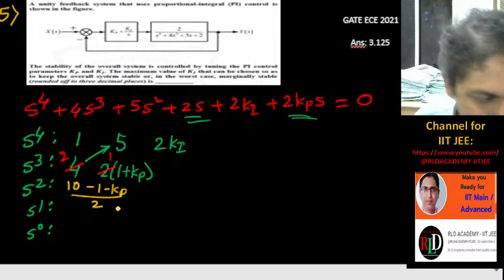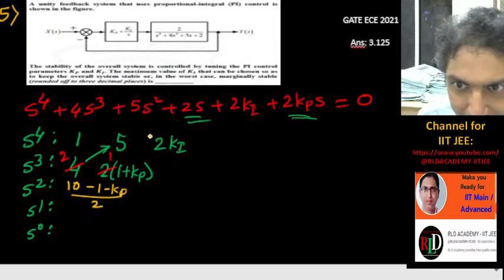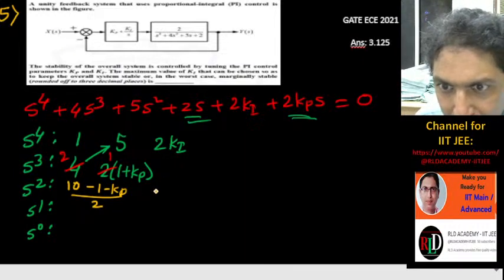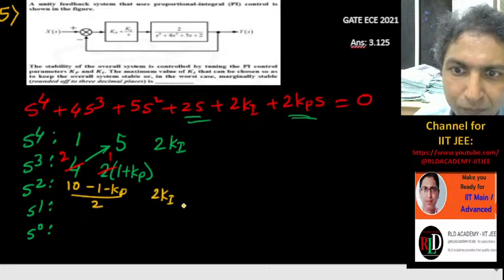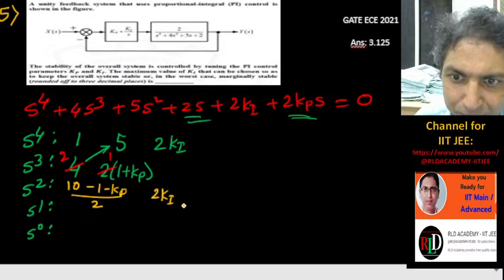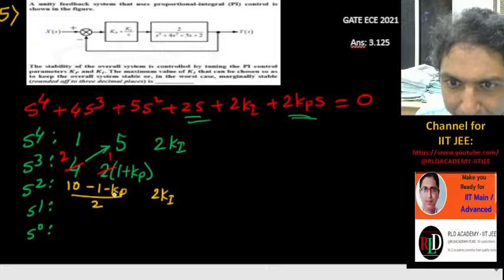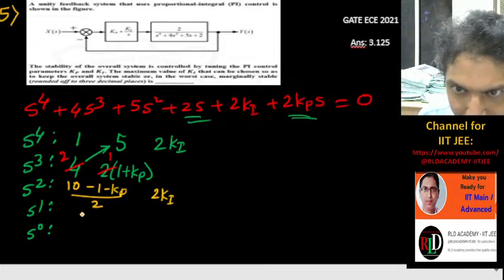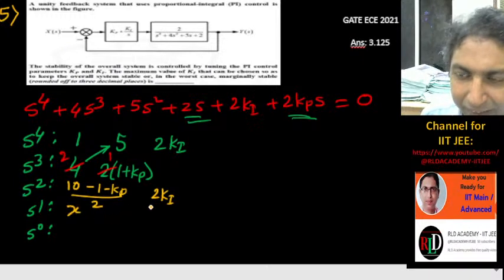Am I correct? And next one is 2Ki. So this term is 9 minus Kp, and then next one will be this product multiplication. Suppose this is x, that I am writing here.